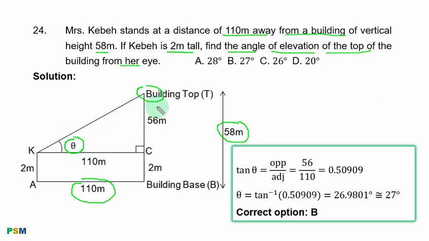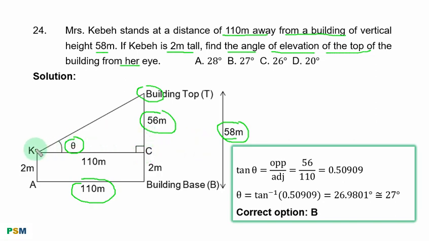If the height of the building is 58 meters and BC is 2 meters, from the building top to C becomes 56 meters. AB is equal to KC.